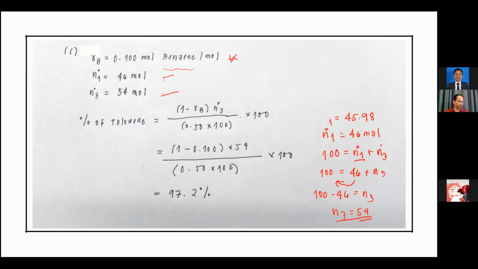So in solving XB, we have 0.50 times 100 is equal to 0.97 N1 plus XB N3.